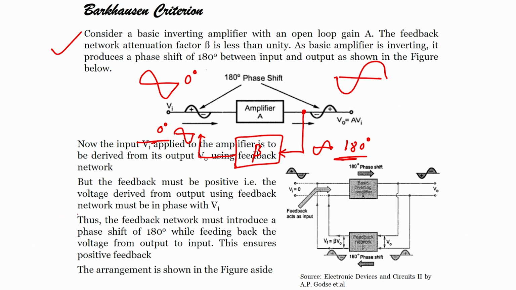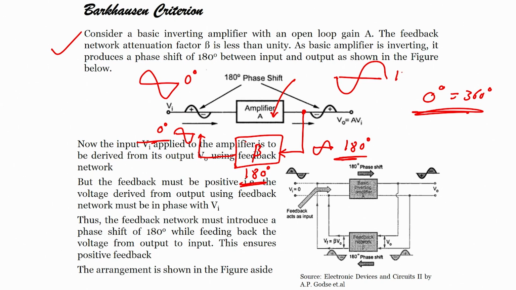How can I make it 0 degrees? If I introduce a phase shift of 180 degrees in my feedback network, then 180 degrees plus 180 degrees will be 360 degrees. 360 degrees is equal to 0 degrees, correct, 0 and 360 degrees are the same. That means my beta, that is the feedback network, should introduce a phase shift of 180 degrees if my amplifier is an inverting amplifier, which causes my output to be out of phase with respect to the input.